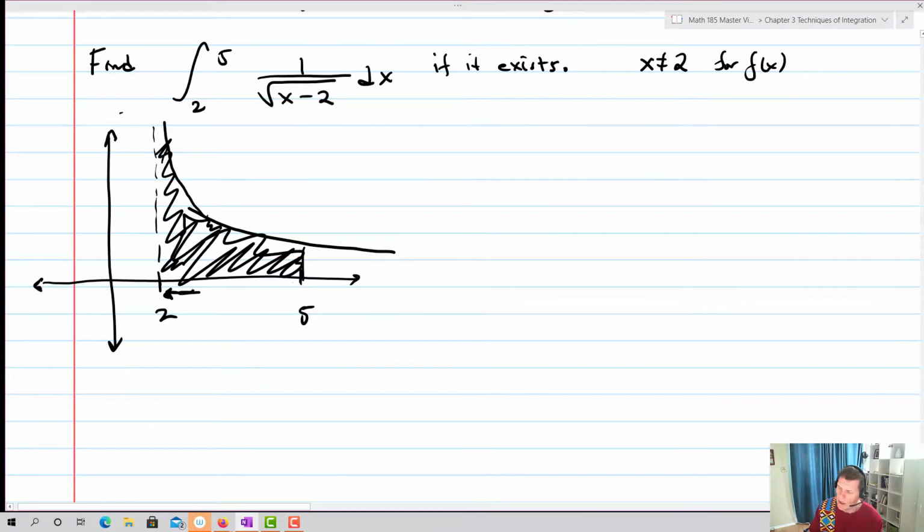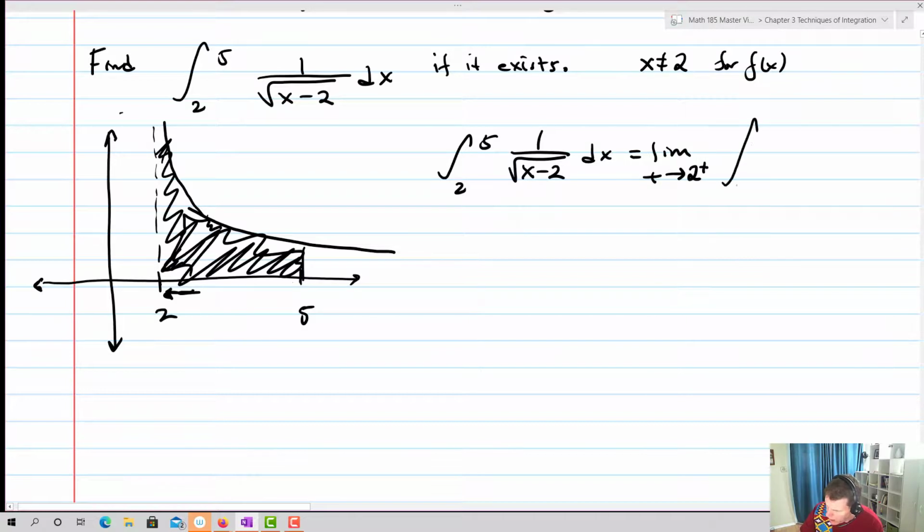So the integral from 2 to 5 of 1 over the square root of x minus 2 dx is going to equal the limit as t approaches 2 from the positive side, because we're looking at the lower end of our interval, of the integral from t to 5 of 1 over the square root of x minus 2 dx.